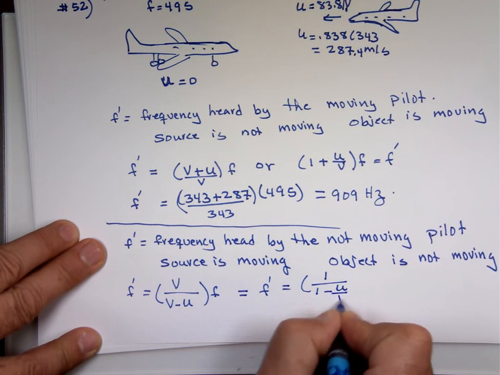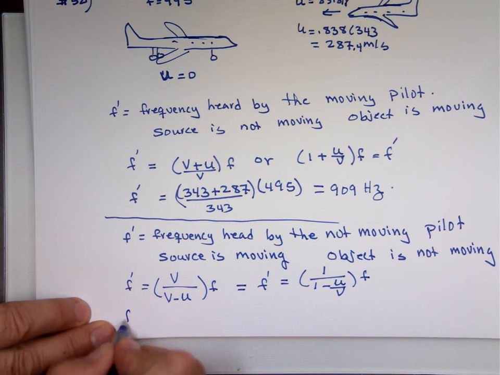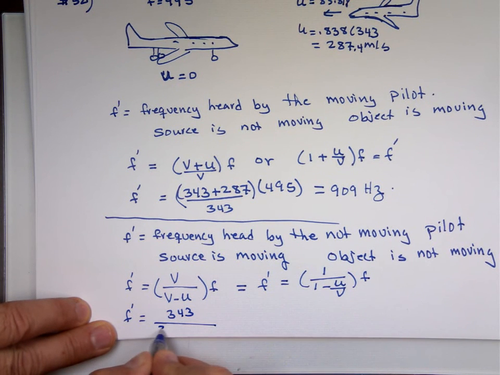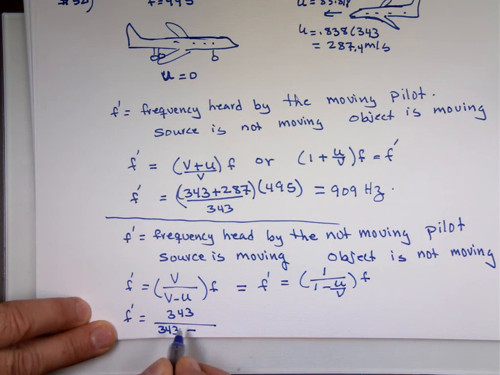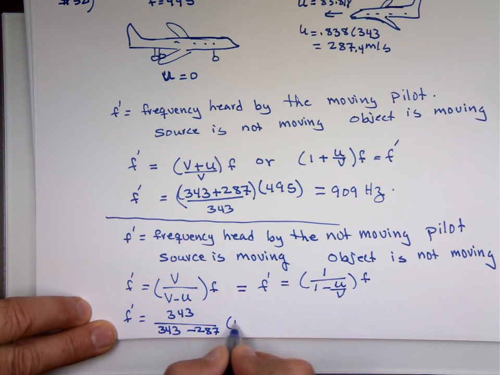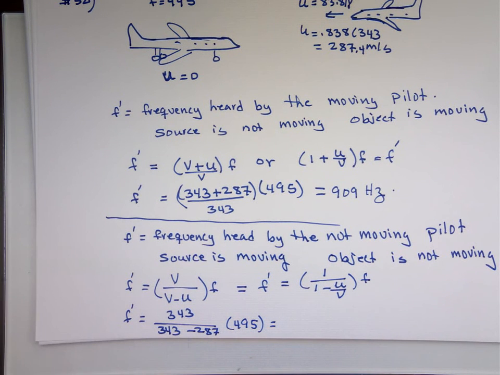I like this better. 343 over 343 minus 287, times the 495.